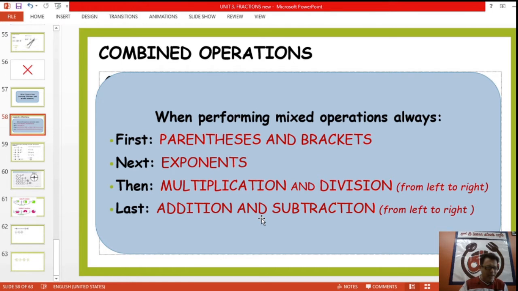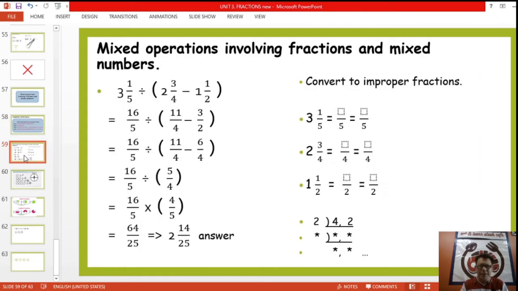What we have there is this problem: 3 and 1/5 divided by, now we have this open parenthesis, 2 and 3/4, minus, so we have division and subtraction, and then we also have minus 1 and 1/2.